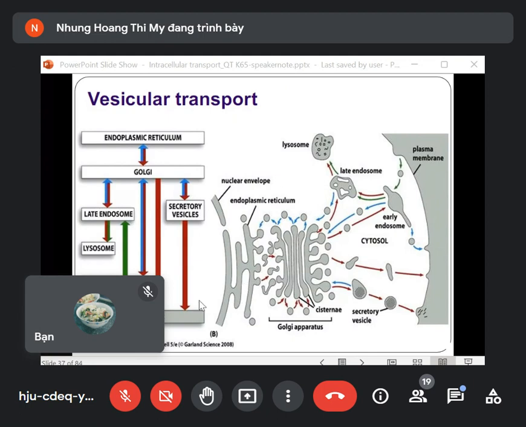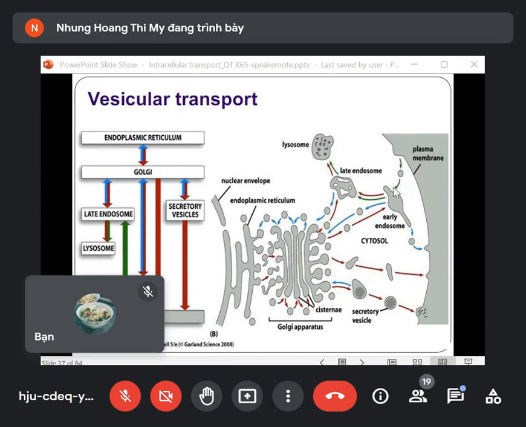And this vesicular transport extends outward from the ER to the plasma membrane, where it allows proteins and other molecules to be secreted by a process called exocytosis, and it reaches inward from the plasma membrane to the lysosome, allowing extracellular molecules to be imported by the process called endocytosis.